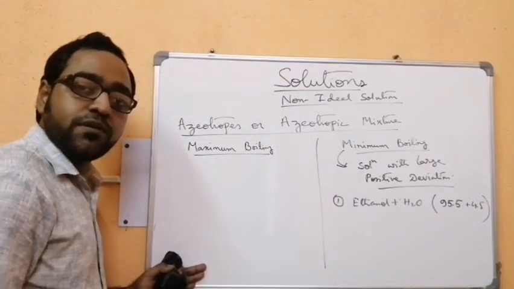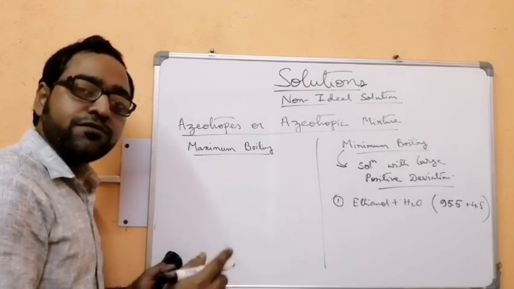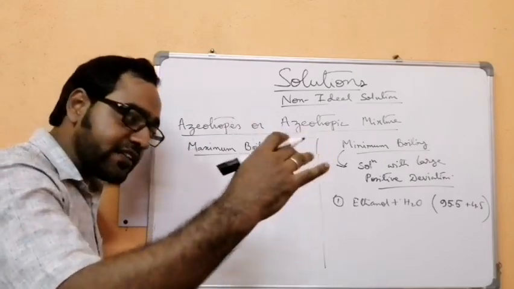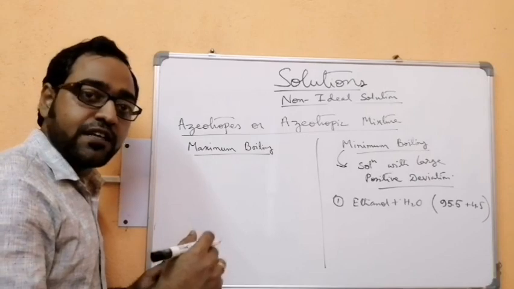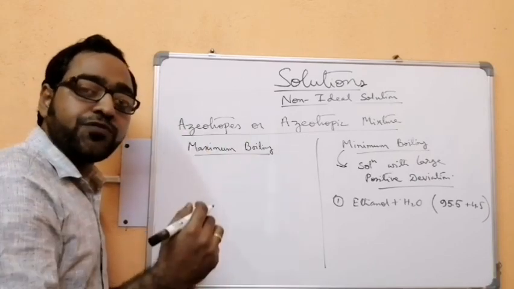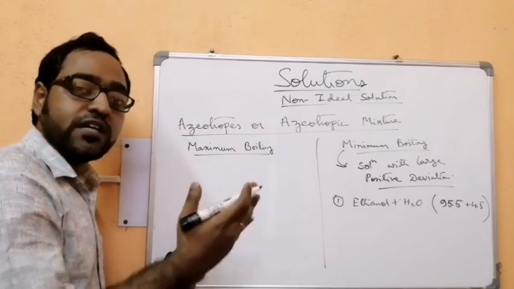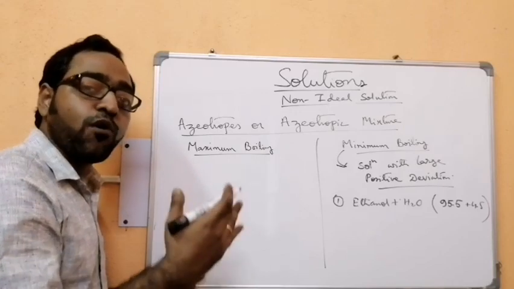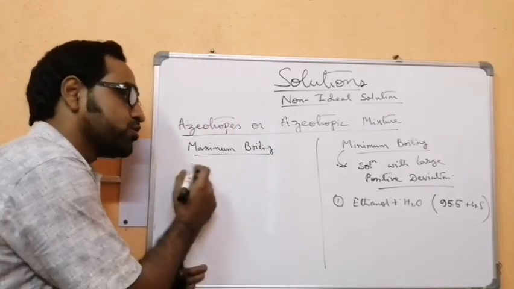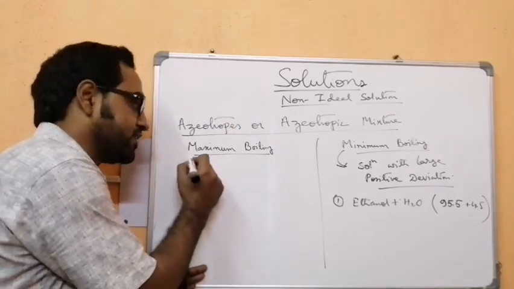Maximum boiling azeotrope: in case of negative deviation, you have seen the vapor pressure is less than the ideal vapor pressure. That means to reach atmospheric pressure, you need more heat. So the solution will boil at a higher temperature. So we say maximum boiling azeotrope.